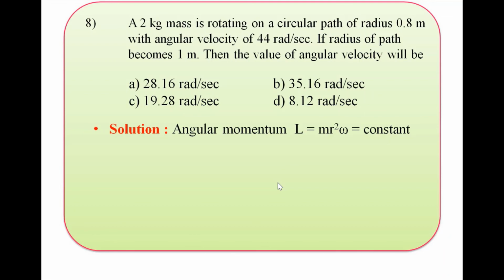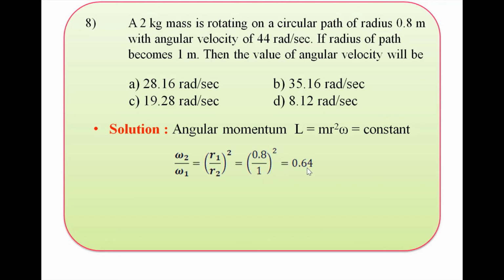we know that angular momentum has the formula L is equal to m r square omega, which is equal to constant. So we get omega 2 by omega 1 is equal to bracket r1 by r2 bracket square. Putting the values, we get bracket 0.8 divided by 1 bracket square.